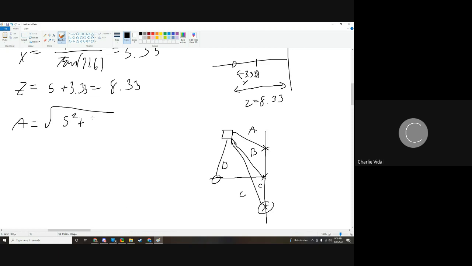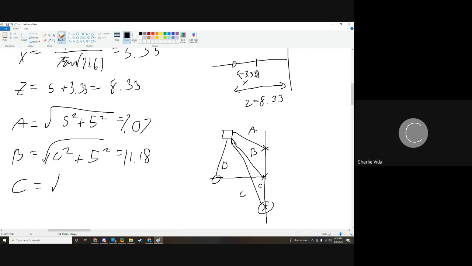The square root of 5 squared plus 5 squared is equal to 7.07. B is equal to the square root of 10 squared plus 5 squared, which is 11.18. C is equal to the square root of 10 squared plus 3.33 squared, which is equal to 10.54.